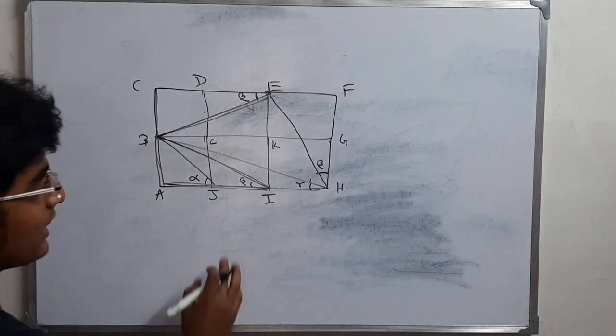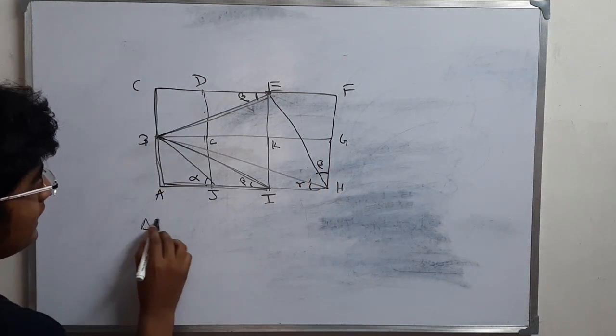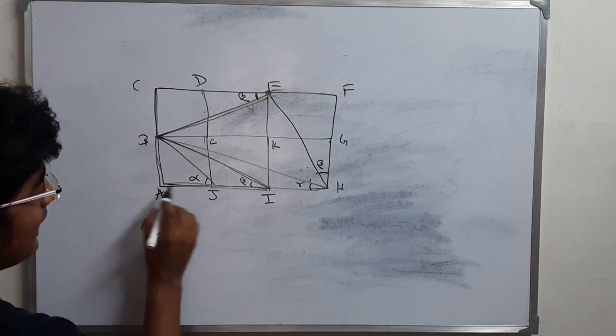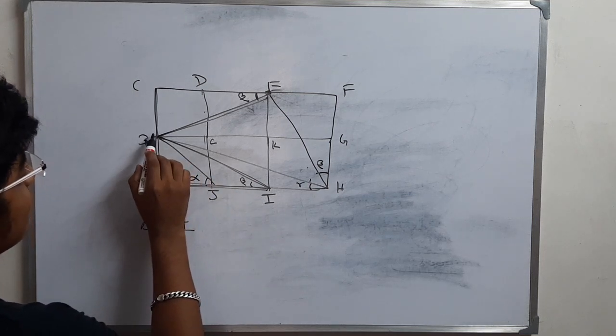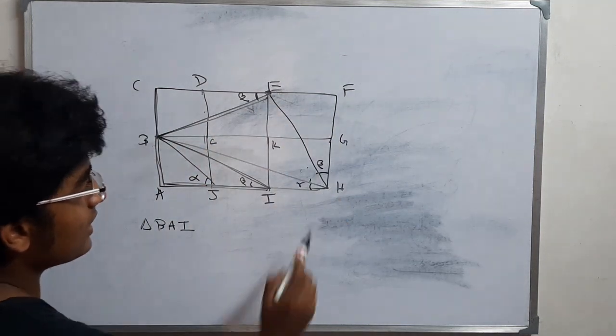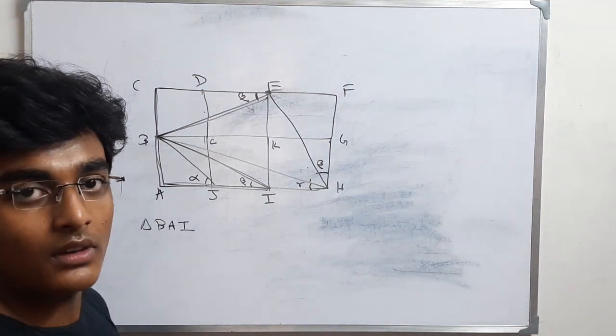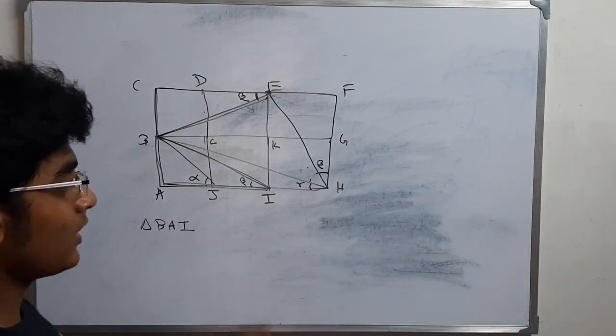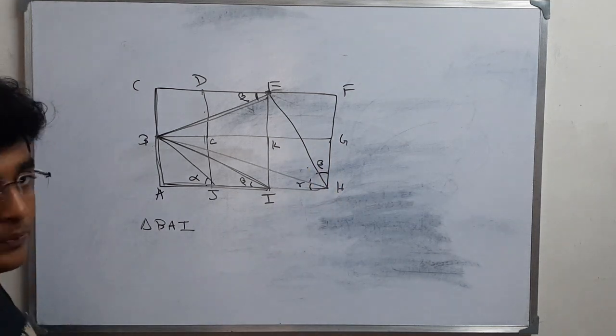Carefully analyze it: triangle BAI, triangle CBE and triangle EFH are identical triangles having the same angle beta, so this angle comes out to be beta.